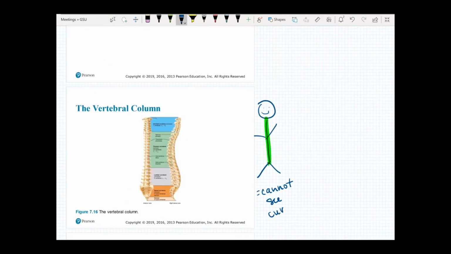However, if you were to turn our lovely little person on the side, he does not have this straight back. It is not going to be a very straight linear perspective. It looks like it from the front, but it's not from the side. What you're actually going to see when we turn him on the side is a perspective where there are natural curvatures to the spine.